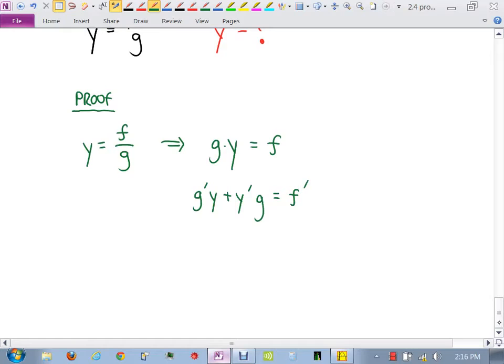What was it I was trying to solve for there? What was it that I wanted? I wanted y prime, right? So I'm trying to get what this is by itself. So let's isolate that on one side of the equation. Wouldn't that turn into y prime g equals f prime minus g prime y?